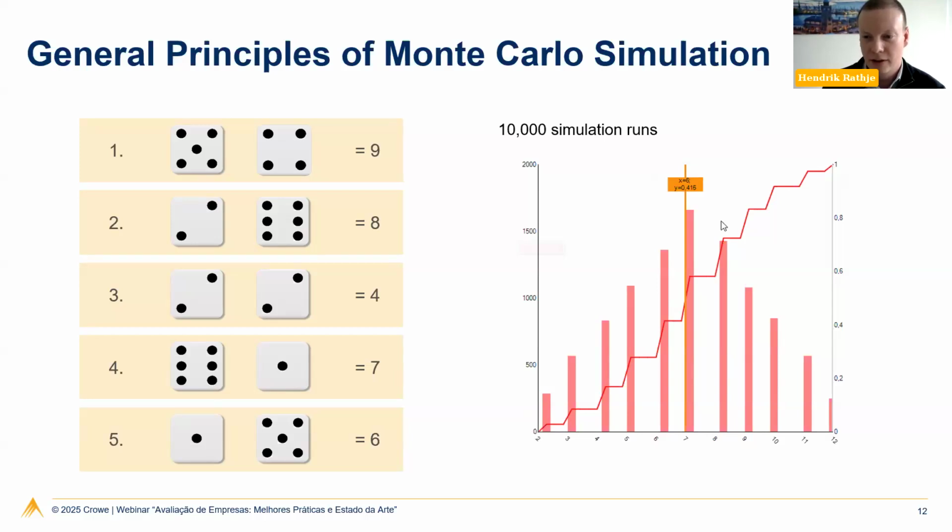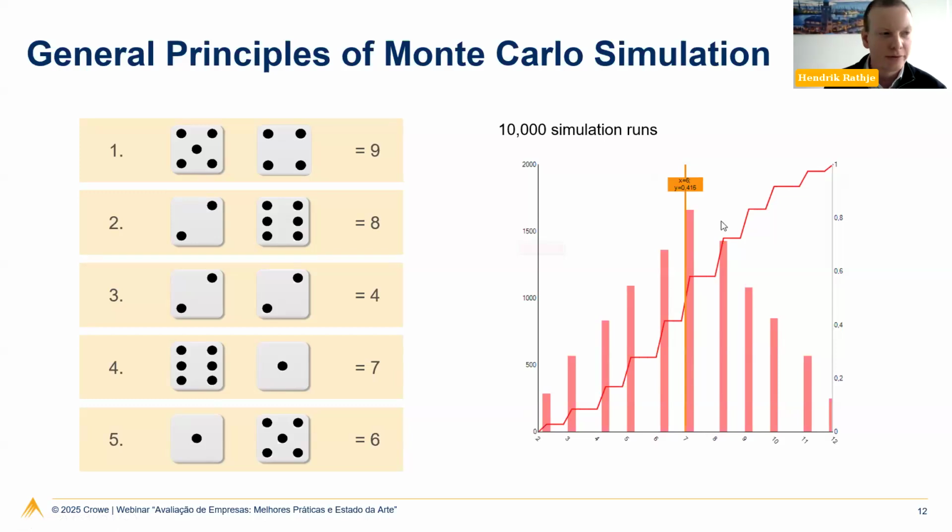The next most probable outcome would be 8, and the next 6, and so on. So now you can understand for those 2 dice how the probability of an outcome looks, what is the most likely result of rolling those 2 dice. And this principle is basically what we apply to company valuation.